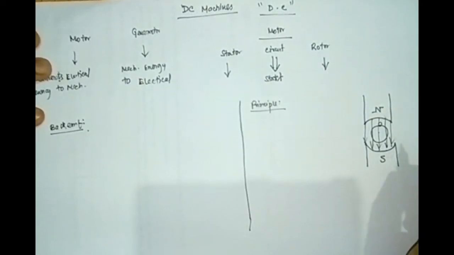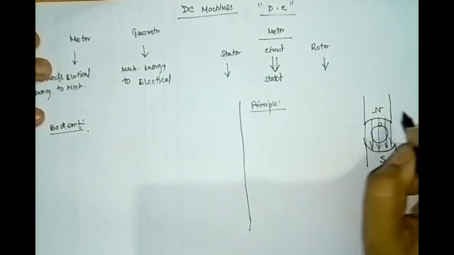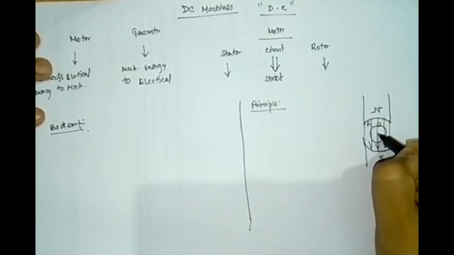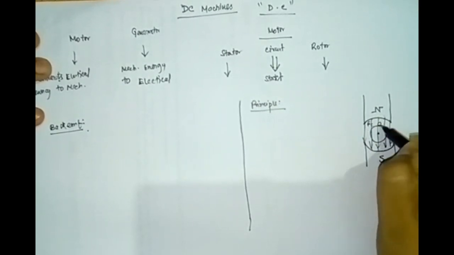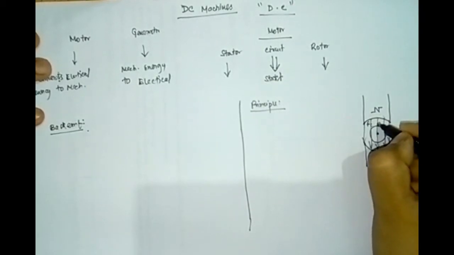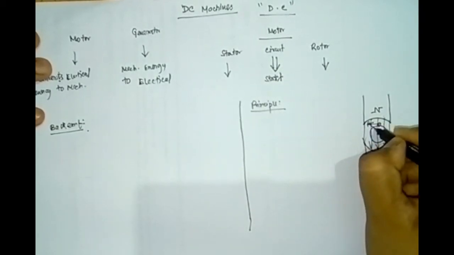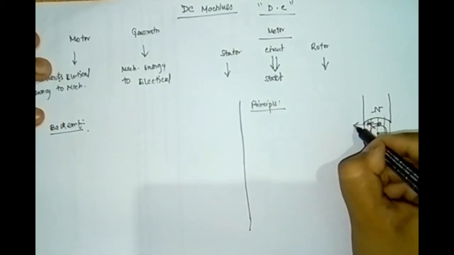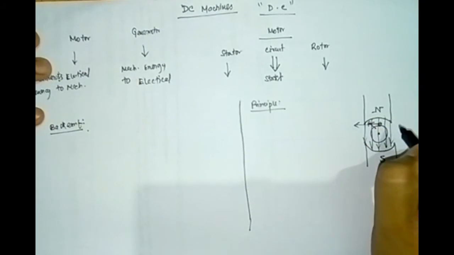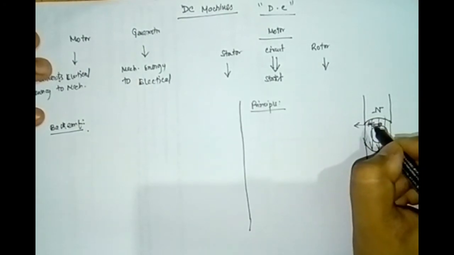By applying Fleming's left hand rule, since the conductor is in a slot on the circumference of the rotor, the force is acting tangentially. So there will be some force acting on the conductor, like that, in a tangential direction.